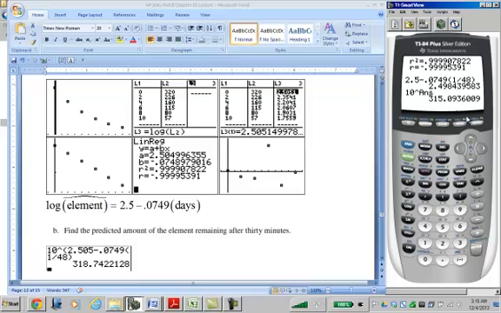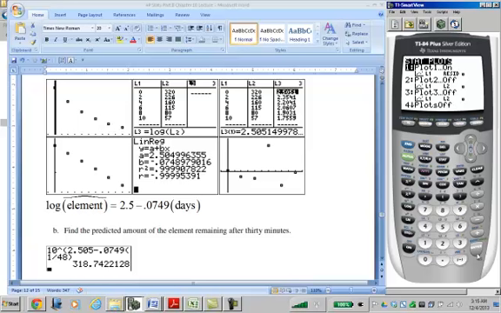This is one of the reasons why when I'm working with re-expression, I don't want to use the rounded off decimals in order to come up with my answers, because a tiny little difference in an exponent makes a big difference in the answer. 318 is pretty different than 315.